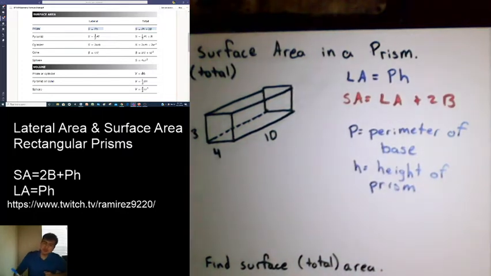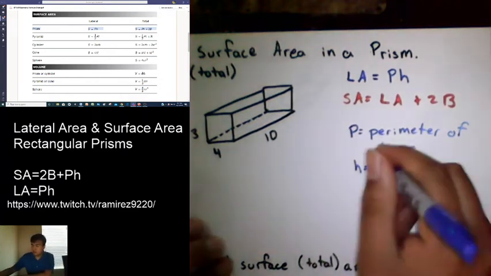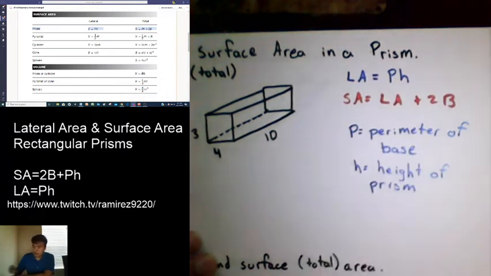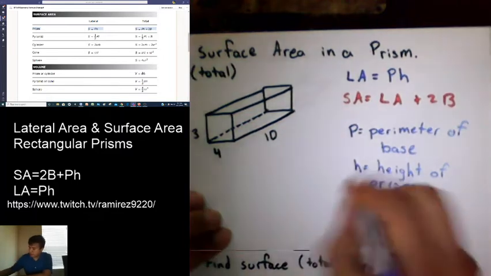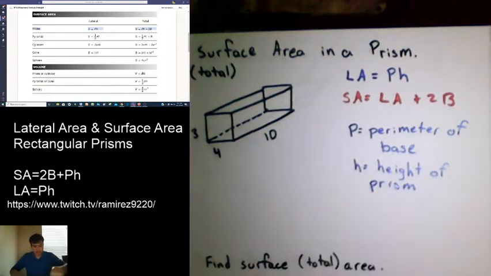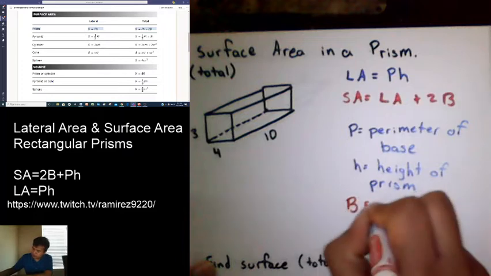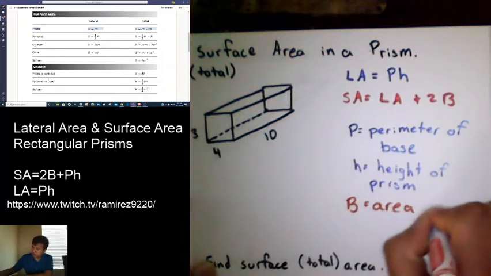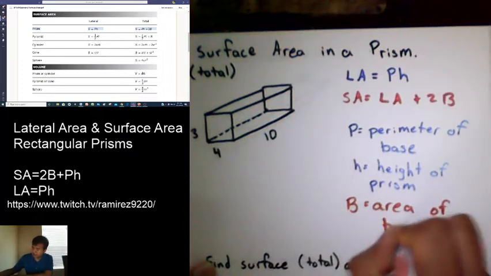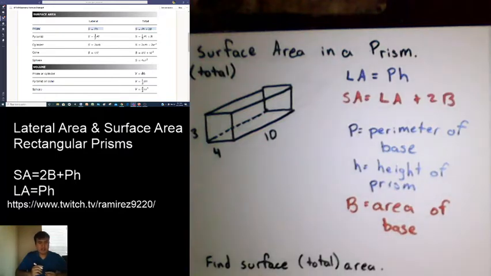And B, from the last lessons, is the area of the base. Big B, capital B, is area of base. This is not to be confused with just the side of the base when we're doing area. So it's very important you realize that.